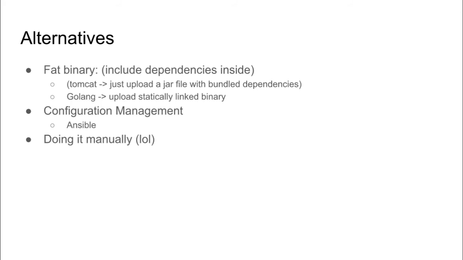I said that when it's compiled, it produces a statically linked binary. Generally speaking, when you're compiling with C or C++, they produce a dynamically linked binary. What that means is that the compiled code depends on certain libraries.